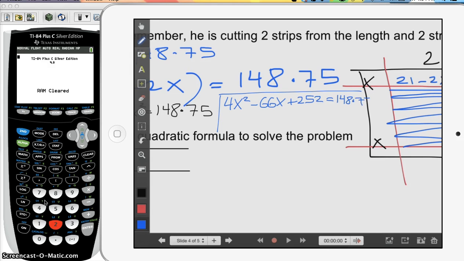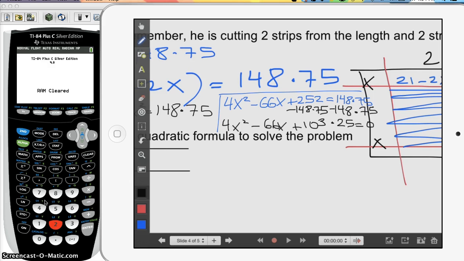But remember, the standard equation should be ax to the second plus bx plus c equals 0. So I need to move the 148.75 over by subtracting it from both sides. So when I do that, my final equation is going to be 4x to the second minus 66x plus 103.25 is equal to 0.